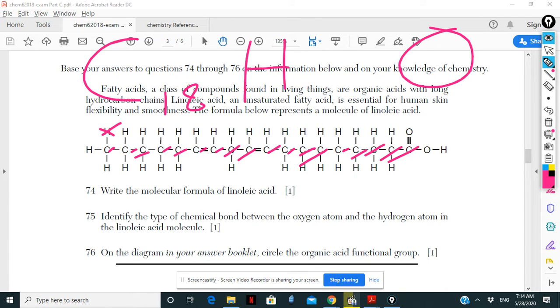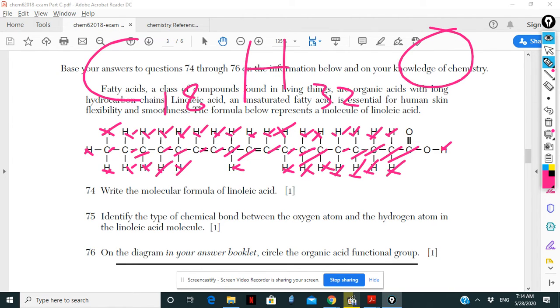Hydrogen: 1, 2, 3, up to 32, and oxygen 2. So that's the molecular formula.